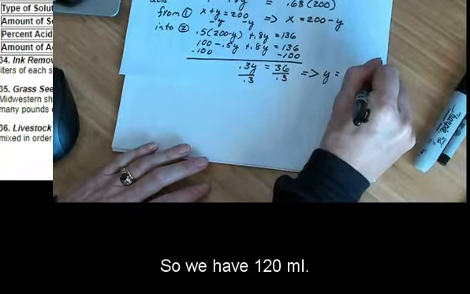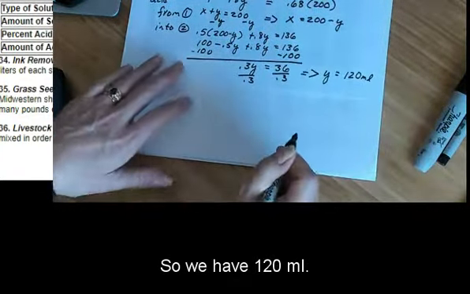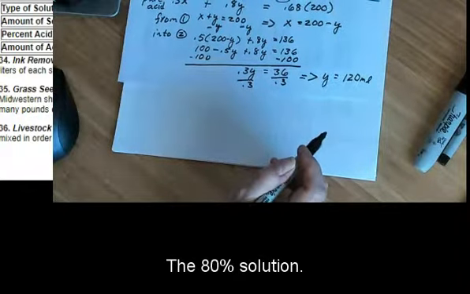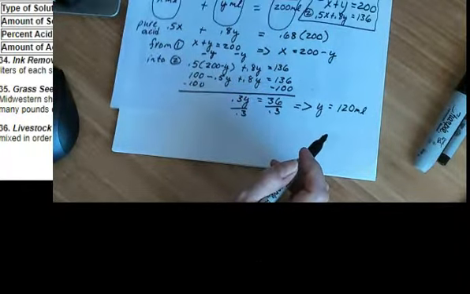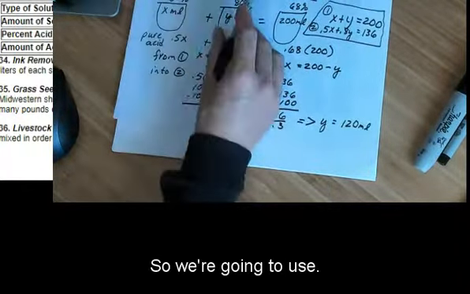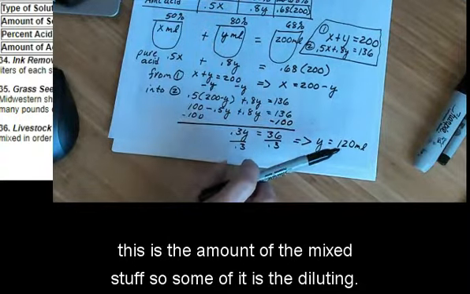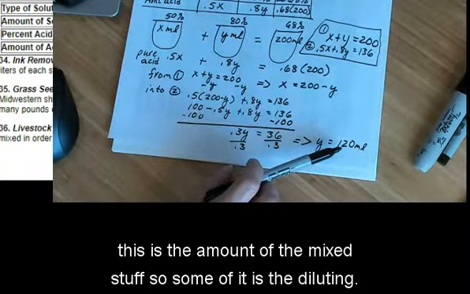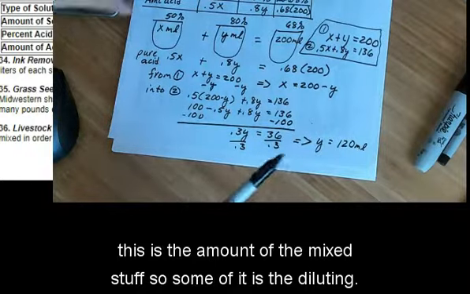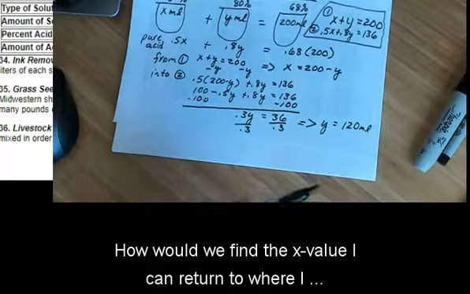So we have 120 milliliters of the 80% solution. So we're going to use 120 milliliters. 80% of that 120 milliliters is pure acid, but this is the amount of the mixed stuff, so some of it is the diluting agent. Now, how would we find the x value?